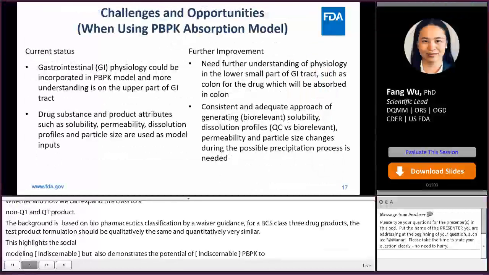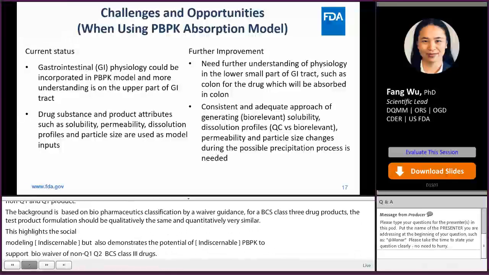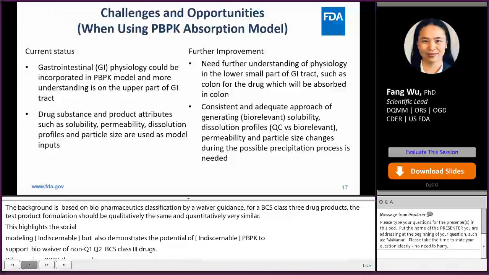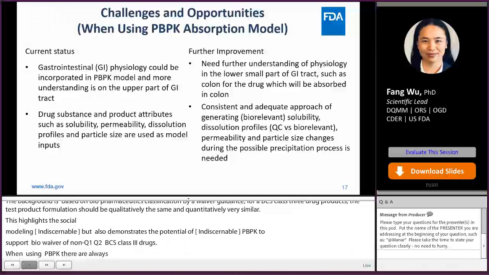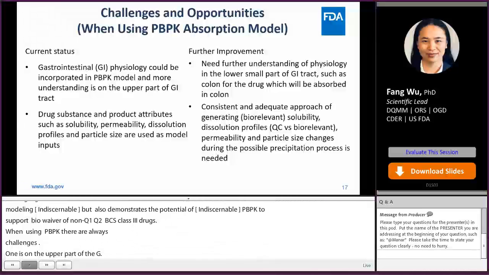When using PBPK absorption models, there are always some challenges, but also opportunities for addressing those issues. For example, more is understood about the upper part of the GI tract, and we need further understanding of physiology in the lower part of the GI tract, such as the colon, for drugs which will be absorbed in this section.